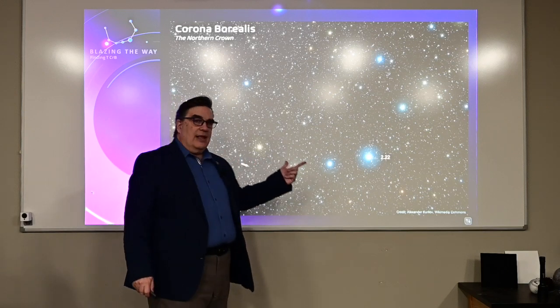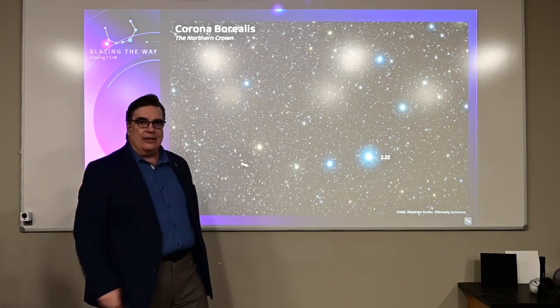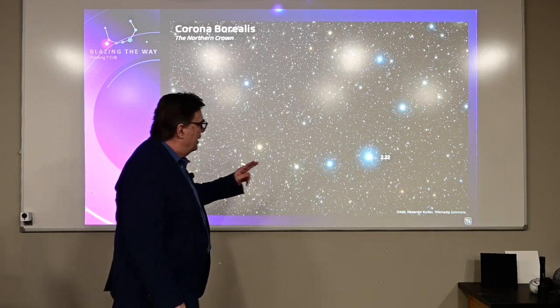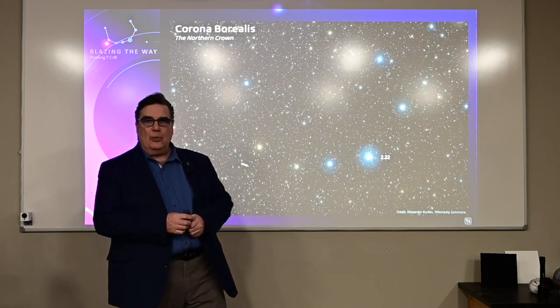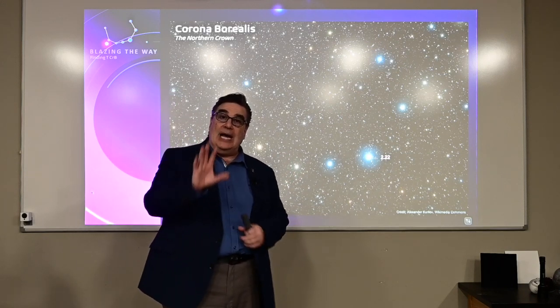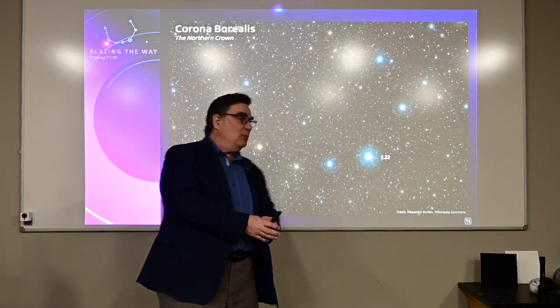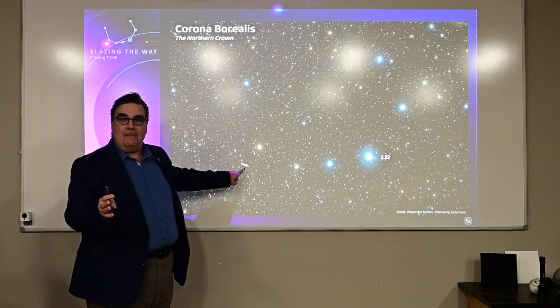Another star that I'd like to pay attention to here is, once again, Alphecca, Gemma. The reason being is that not only is it extraordinarily bright, its magnitude at 2.22 is about the magnitude that T Coronae Borealis will be when it goes nova. Can you imagine that?